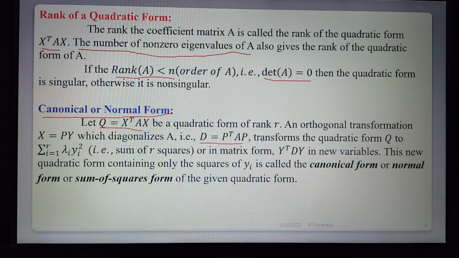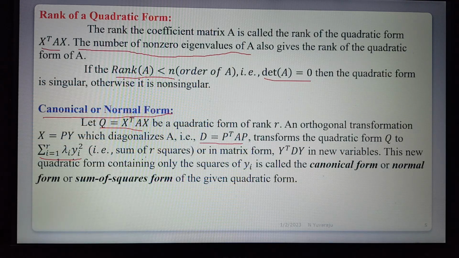Using this property, transform the quadratic form Q to a new form, summation i = 1 to R of lambda i times yi square, that is, a sum of squares only.